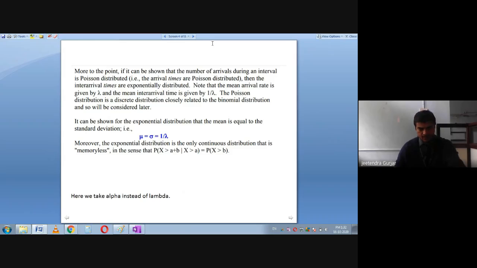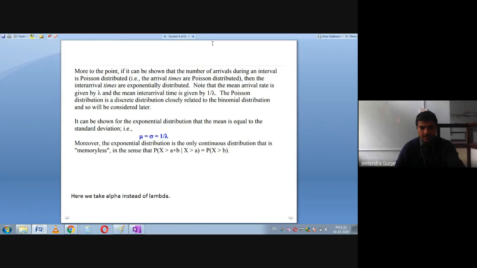Therefore, for this inter-arrival time, we require the exponential distribution. Note that the mean arrival rate is given by lambda and the mean inter-arrival time is given by 1 upon lambda. The Poisson distribution is a discrete distribution closely related to the binomial distribution and will be considered later.